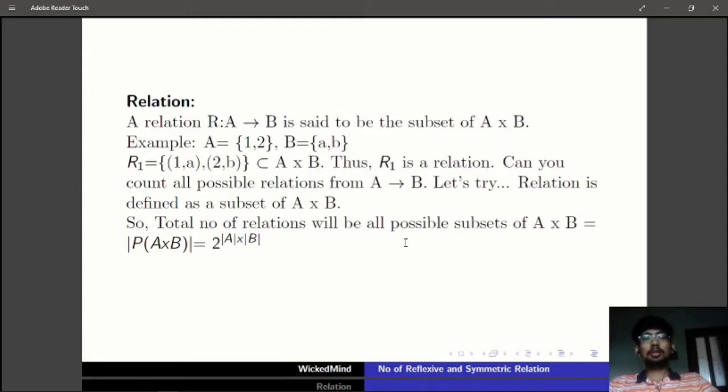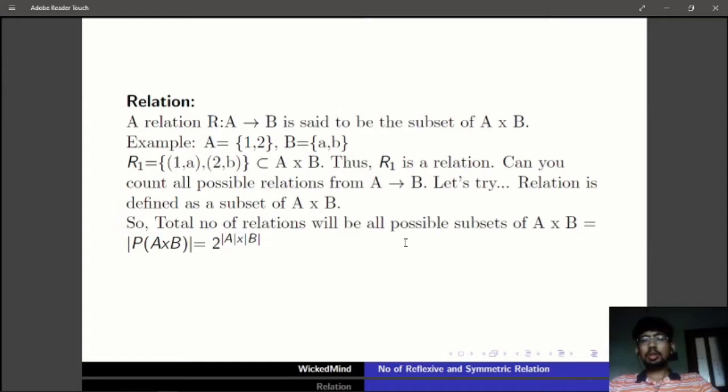For example, A equals {1, 2}, B equals {a, b}. I found the Cartesian product in the previous slide. So here R1 equals {(1, a), (2, b)}. It is a subset of A cross B, so it will be a relation.